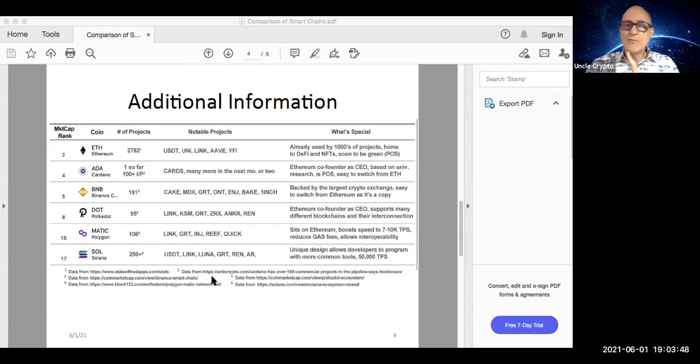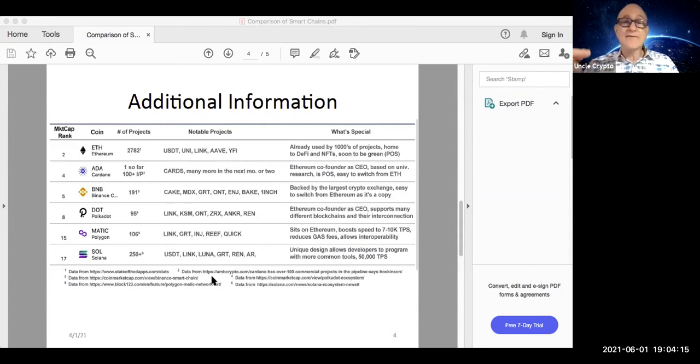But what's happened is that 4 of the 6 smart blockchains were designed with interoperability, the ability to move coins from one chain to another, built right into the design from the beginning.